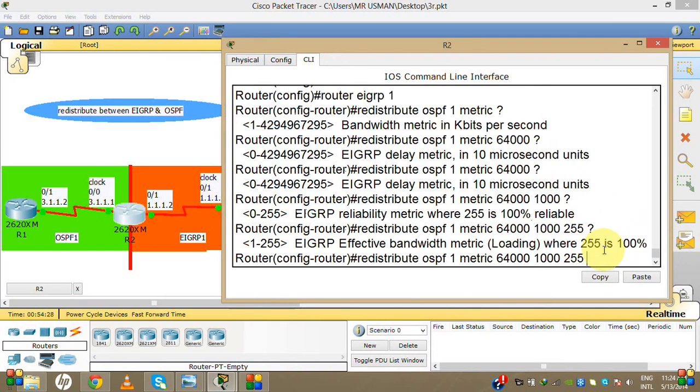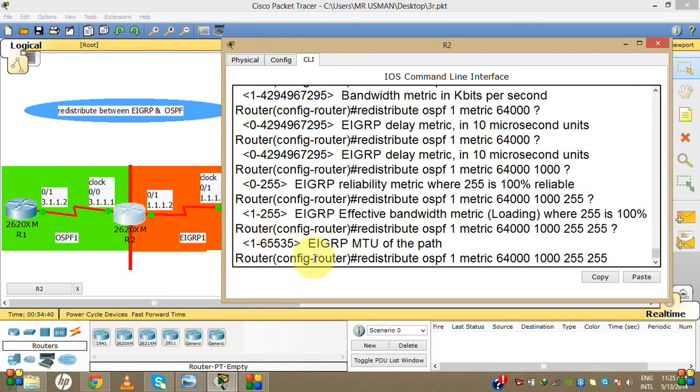Again question mark. EIGRP effective bandwidth metric, loading, where 255 is 100%, so I will put 255 again. The question mark is asking for the EIGRP MTU of the path, so I put any value, like 1500, enter.